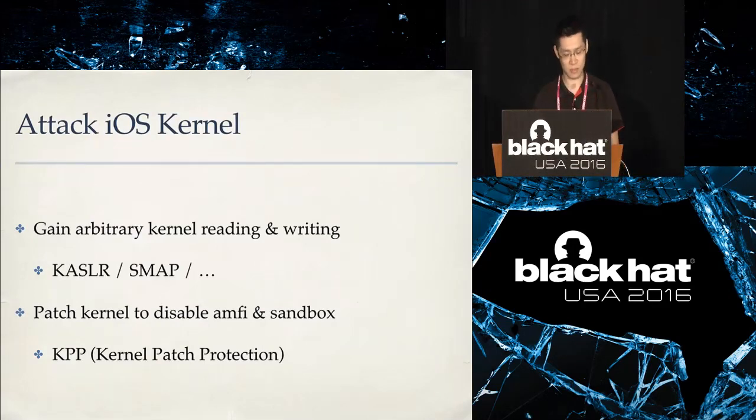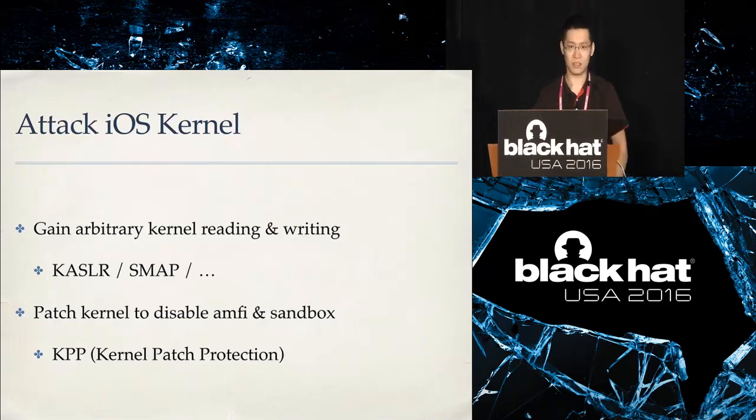So you need to patch them out, like the MFI and the sandbox part. Usually the goal of the exploit and kernel vulnerability is to gain arbitrary kernel reading and writing. And to achieve this, usually we need to defeat exploit mitigations in iOS like KASLR and SMAP.